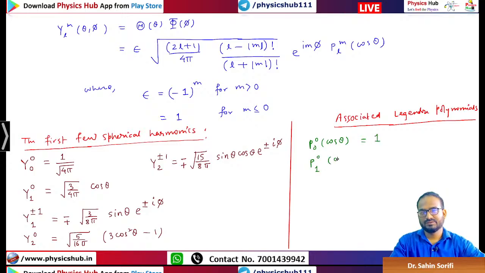P 1 0 of cos theta, because you see this thing has been calculated by taking into account this, so you should know a little bit about it. P 1 1 of cos theta is equal to minus sin theta.